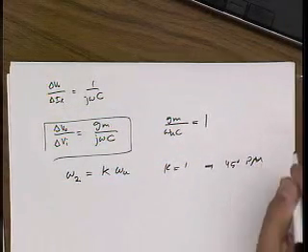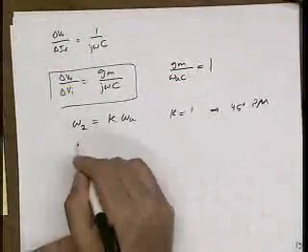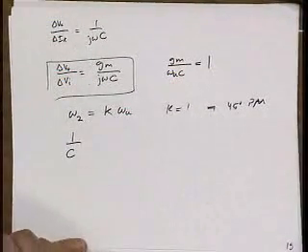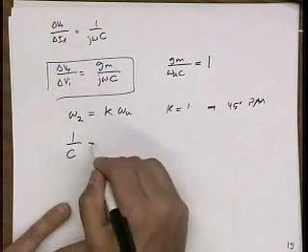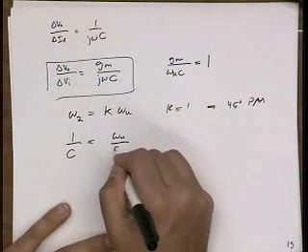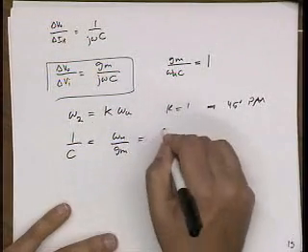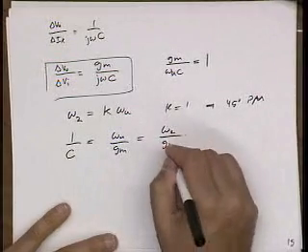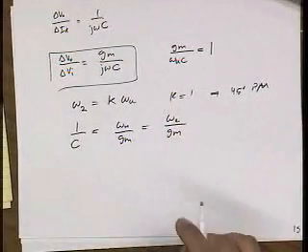Again, this is just a simple calculation. That means that 1 over C is omega u over Gm, which in this case is my non-dominant pole over Gm.